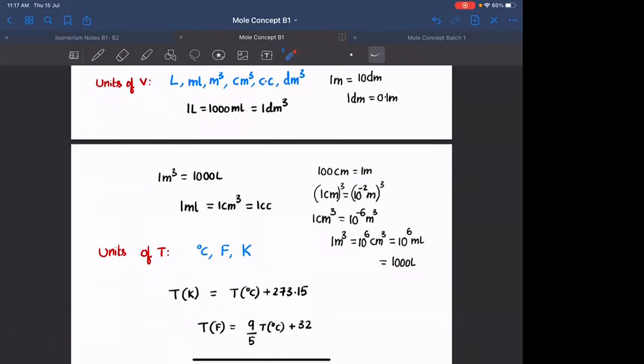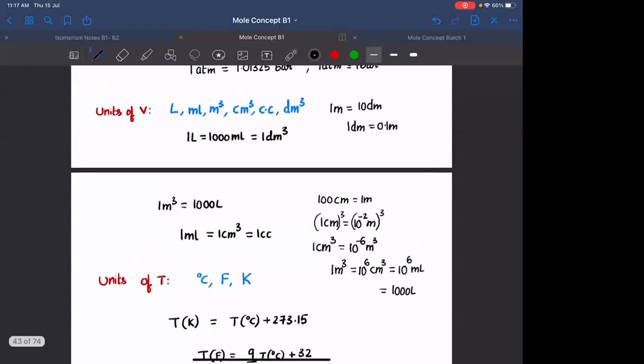Similarly, you can get the relation between dm cube and liter also. dm cube मतलब क्या हो गया? 1 dm is 0.1 meters. So 1 dm cube क्या हो जाएगा? 10 power minus 3 meter cube. और 1 meter cube क्या हो गया? 1000 dm cube हो गया. 1 meter cube is 1000 liters.